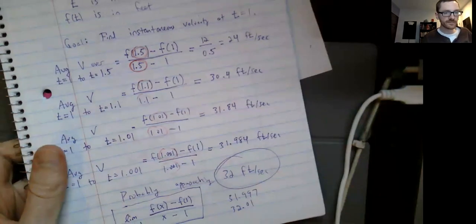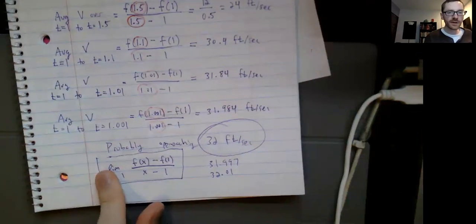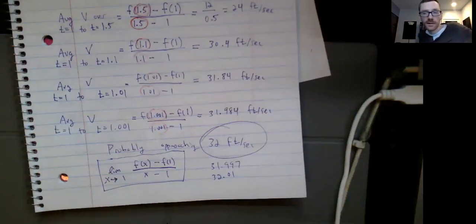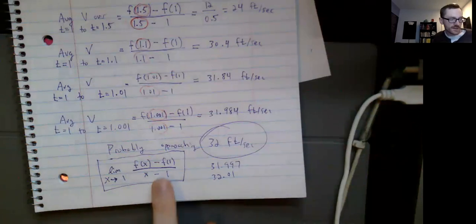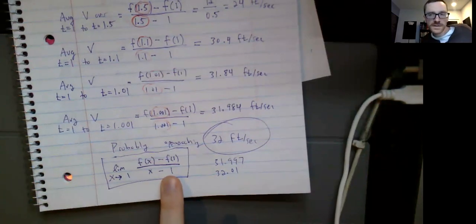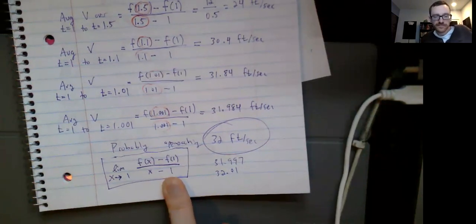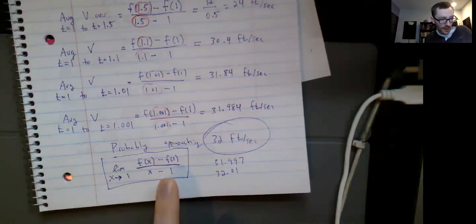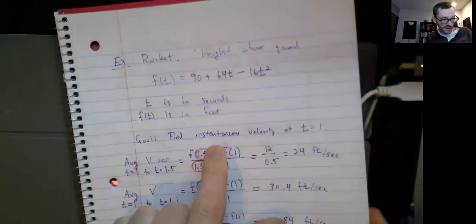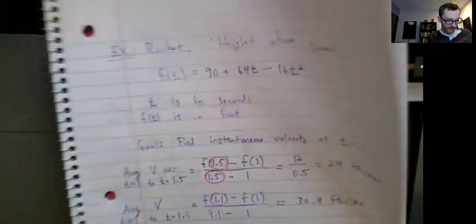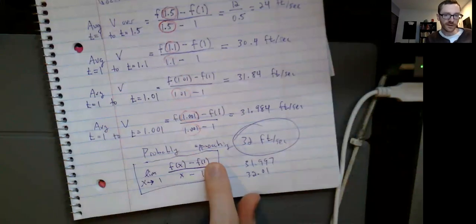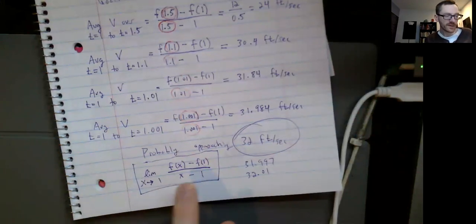This limit that we computed is the formula, but not in full generality. This is the formula for finding the instantaneous velocity at time t equals 1. Remember, we wanted to find the instantaneous velocity at t equals 1. That's why you've got a 1 here and here and here.